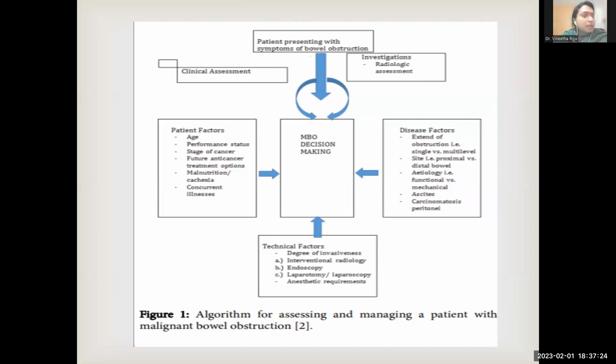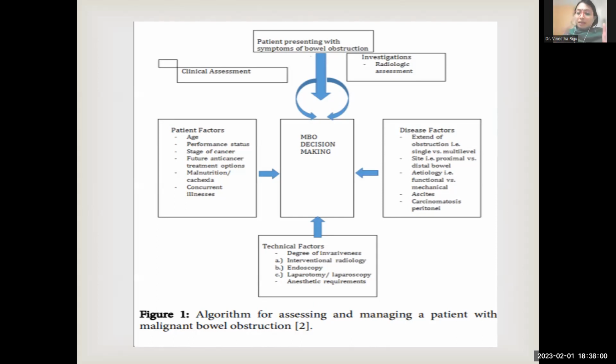If the patient is on curative oncological treatment, this is a point where you have to be aggressive. You might have to send the patient to the surgical oncologist. They are probably going to plan for resection and anastomosis and a colostomy. Or they are probably going to manage it conservatively and change the chemotherapy. So that is when you think aggressive.